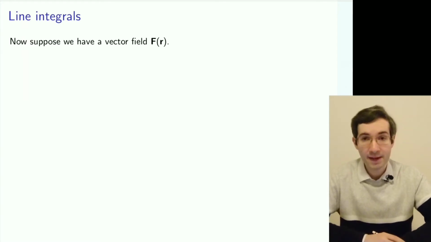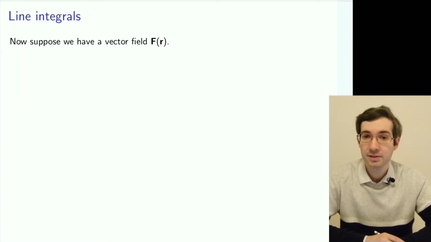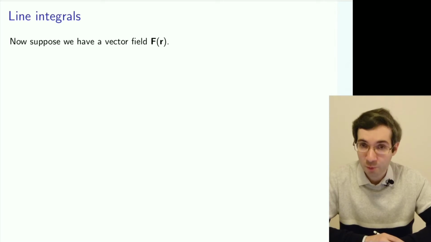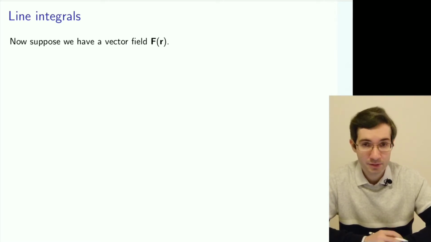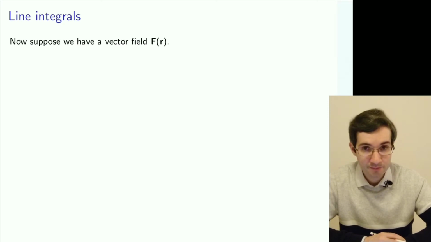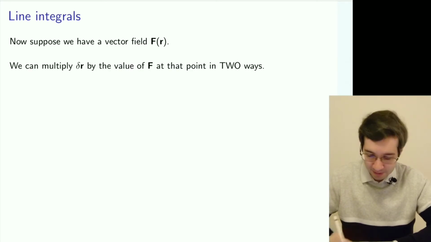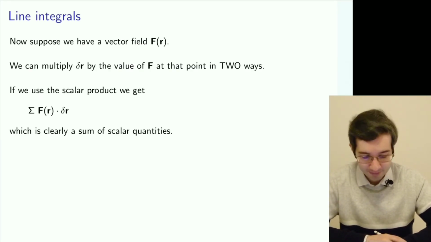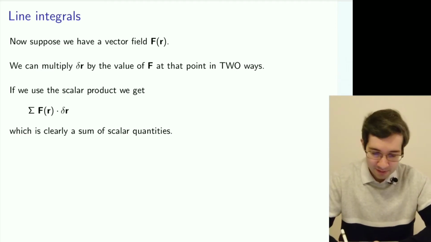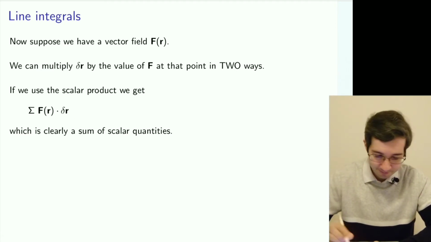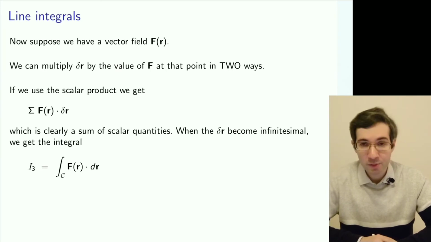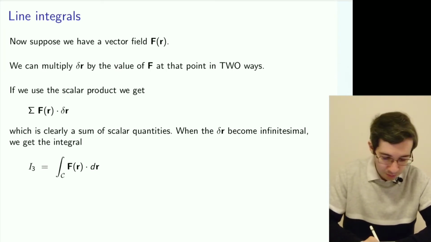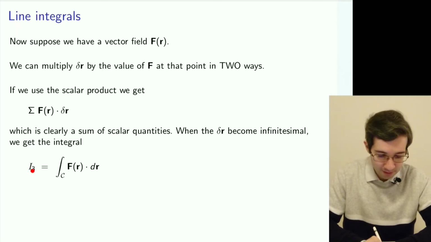Now, what if we take a vector field rather than a scalar field? There are two ways we now can define a product, because we remember for vectors we have two products. One is the scalar product, one is the vector product. Well, let's start with the scalar product. So again, summing up these elements in the limit, we'll get an integral, and this time the integral will be a scalar, a number.